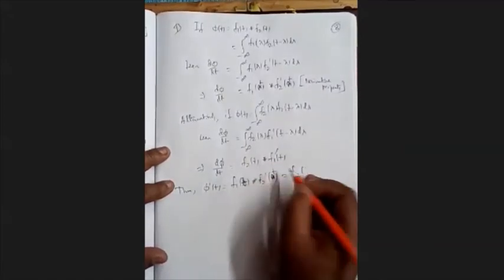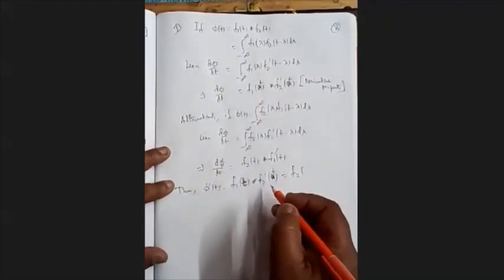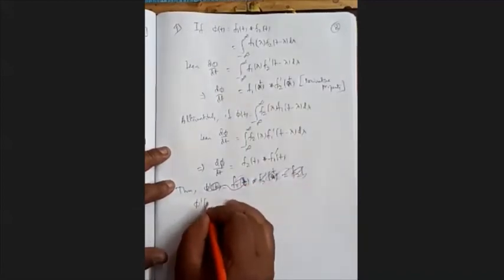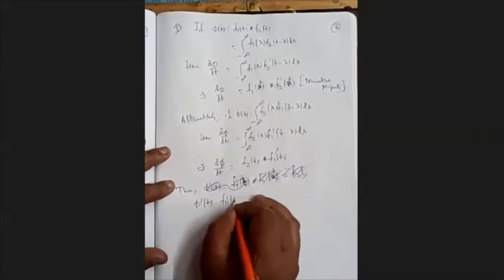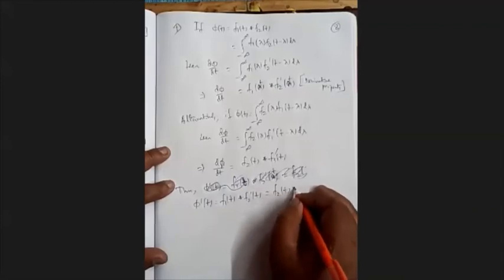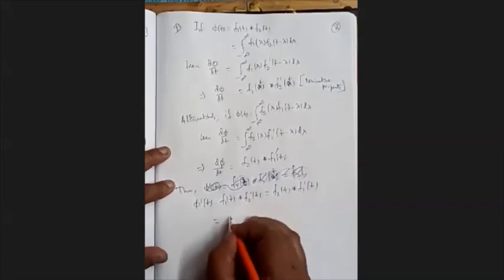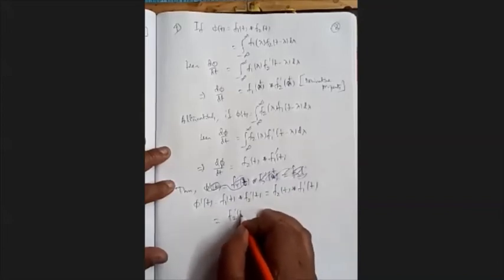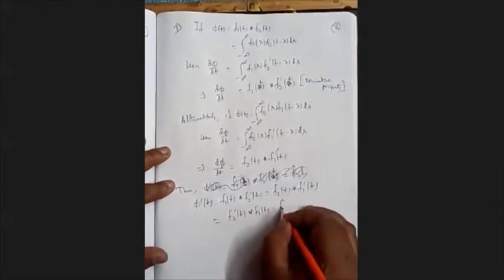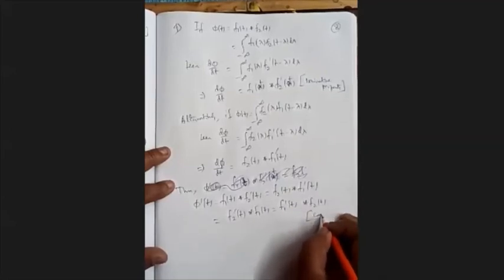Here also it is t. f1(t) star f2 dash (t). So better I rewrite it. Phi dash (t) equals f1(t) star f2 dash (t) equals f2(t) star f1 dash (t). Now equal to, from that we can write f2 dash (t) star f1(t), and again we can interchange by the commutative property, star f2(t). So it's the commutative property.